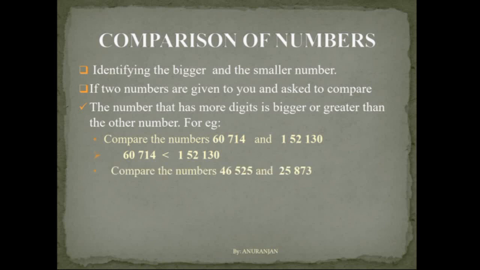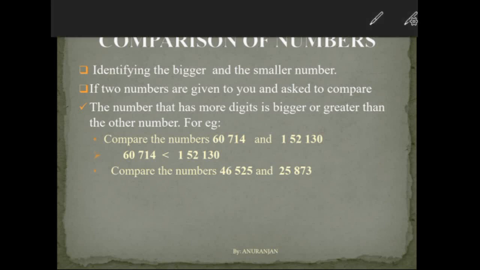Okay, let's take the next number. Compare the numbers 46,525 and 25,873. Now let's count the number of digits. The number of digits in this number and in this number are both the same. So what do we do now? Now we'll try to see the leftmost digit of both the numbers.